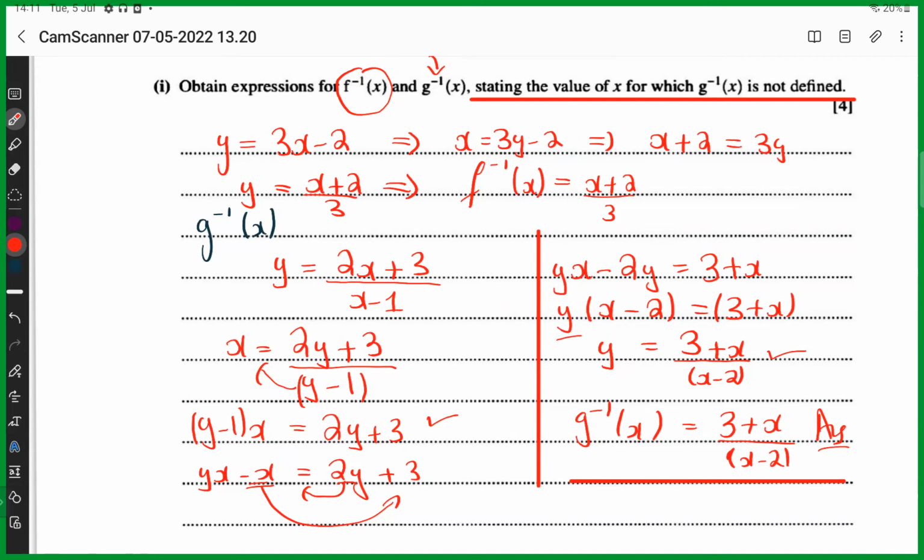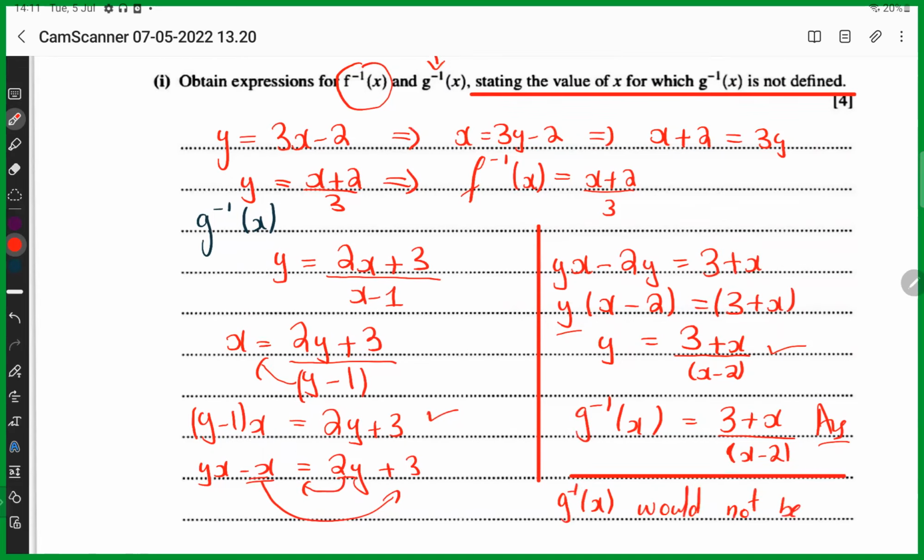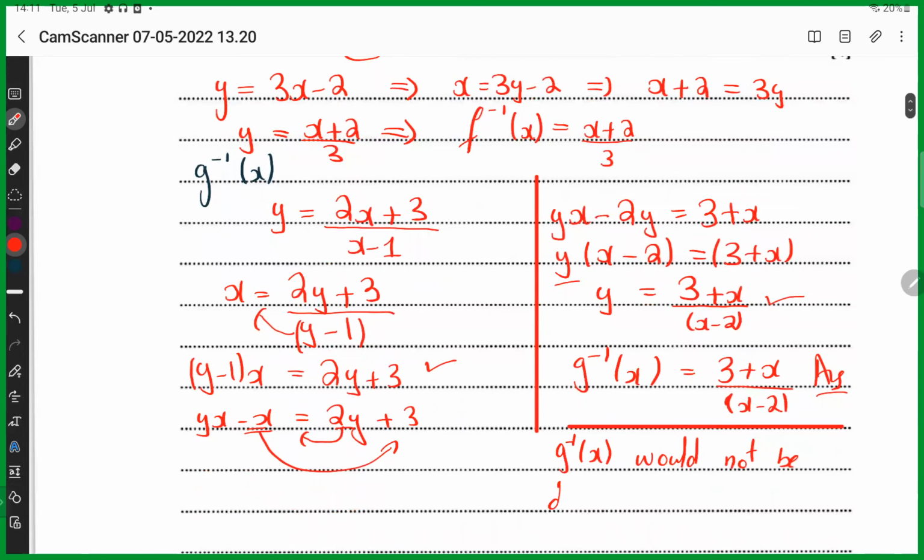Okay. So you can just write it down this way. And please try writing down the entire statement. g inverse of x would not be defined at x equals 2.